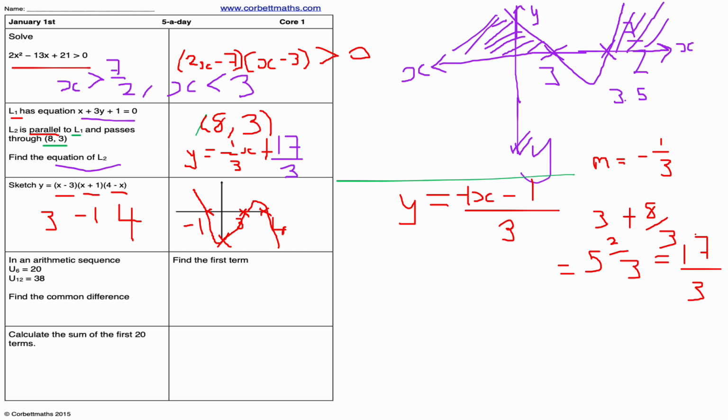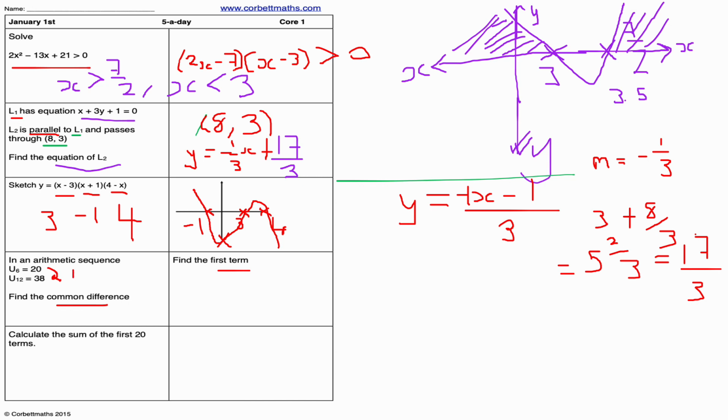Question number 4, we're looking at an arithmetic sequence. In an arithmetic sequence, U6 is 20, U12 is 38. Find the common difference, find the first term. Well, from the 6th term to the 12th term, it's jumping 18.